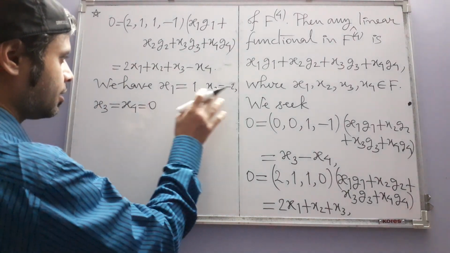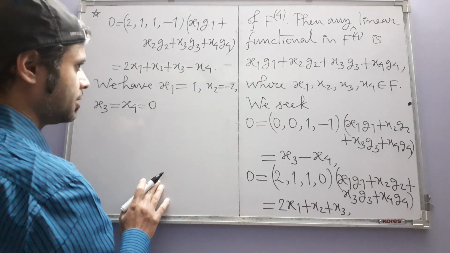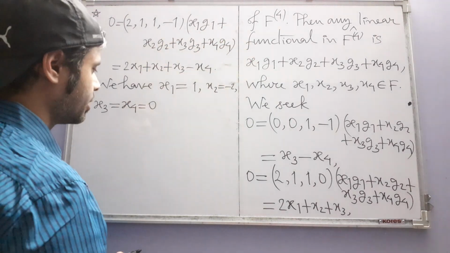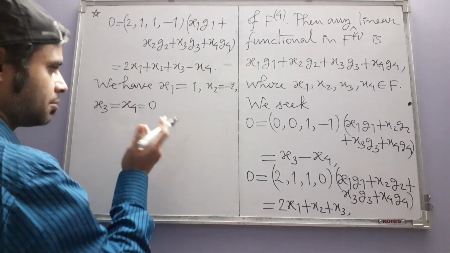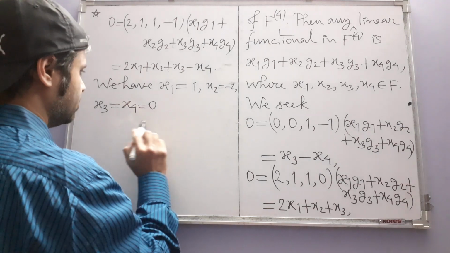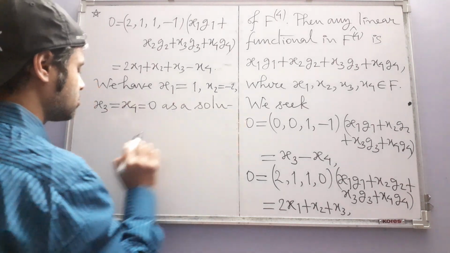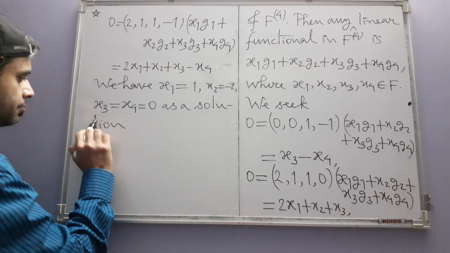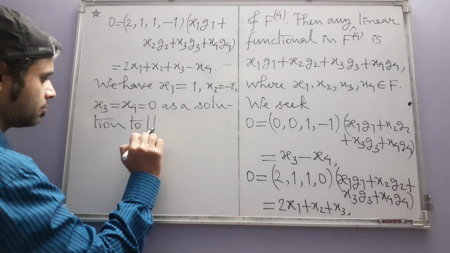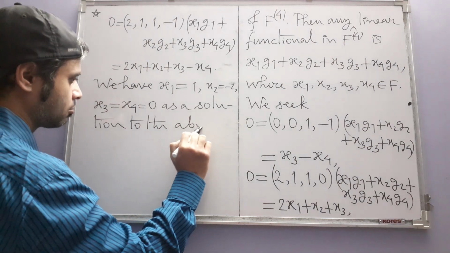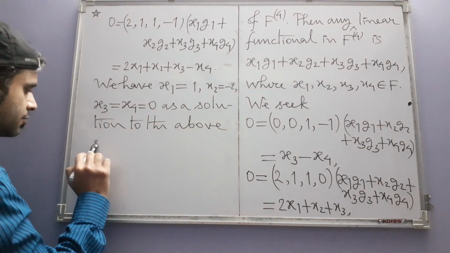We need at least one xi to be non-zero in order to have a non-zero linear functional. Some of them may be 0. We have this as a solution to the above system.